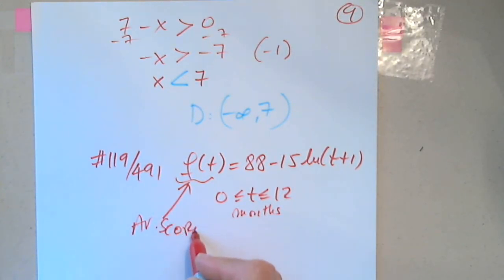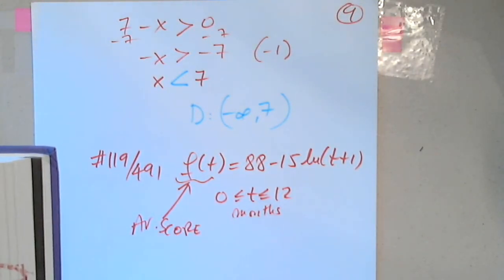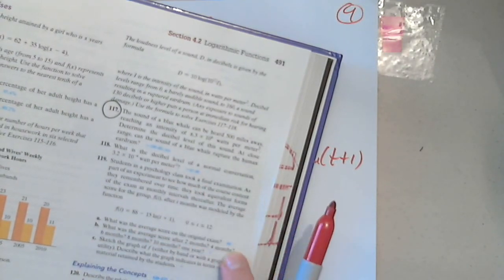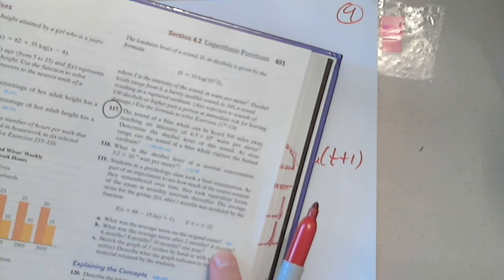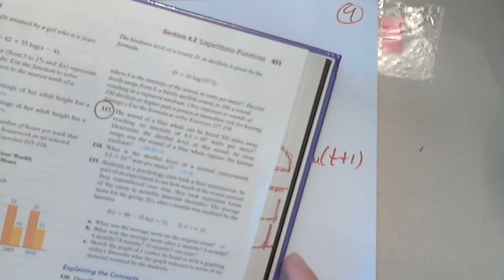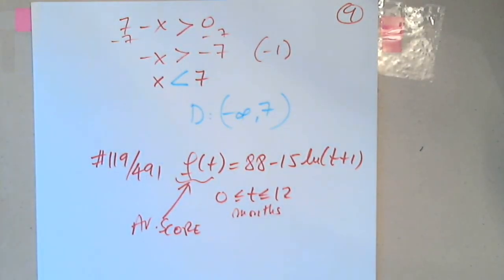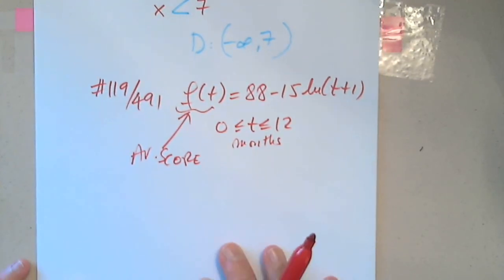The average score for the group, f of t, after t months was modeled by this function. What was the average score on the original exam? What was the average score after 2 months, 4 months, 6 months, 8 months, 10 months, 1 year? And sketch the graph.